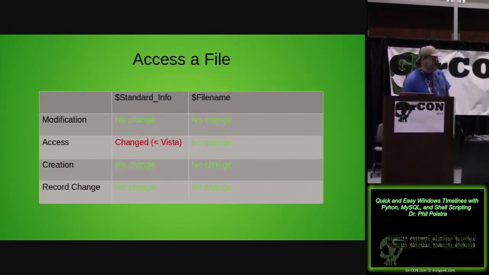What about when you access a file? Nothing changes except for the access time in standard info, but that's only true if you're running an old version of Windows, something that's older than Vista.